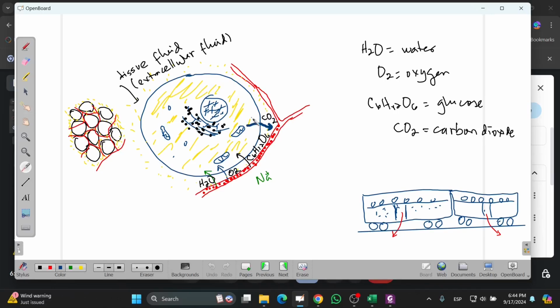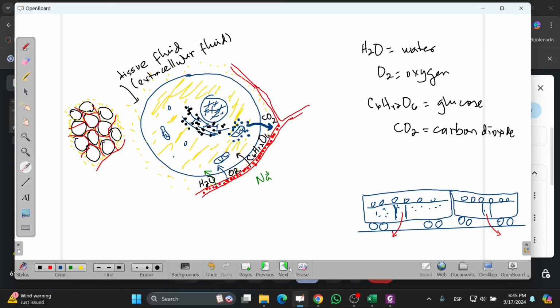Like this carbon dioxide here, you know why it moves in the opposite direction by diffusion? Because it is being made in the mitochondria. It is a gas. So there is a higher concentration in the cell, and then carbon dioxide will be moving from a higher concentration into the blood where there is a lower concentration. But that will be diffusion also, right?